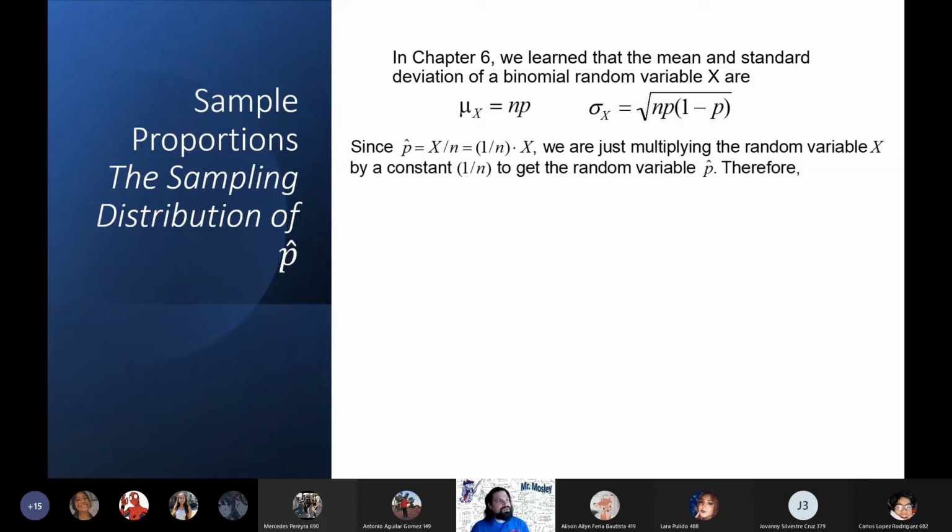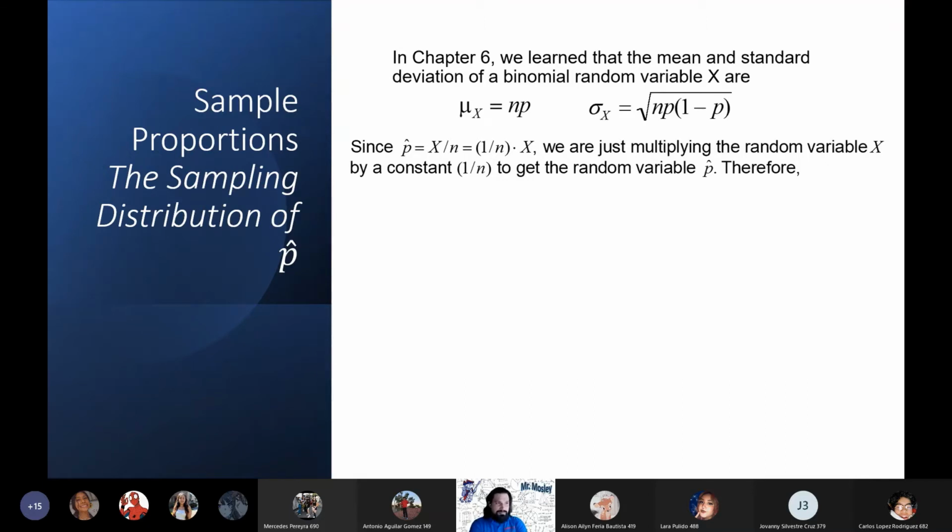So in chapter 6, we learned that the mean and standard deviation of a binomial random variable x are: the mean of x is n times p, and the standard deviation of x is the square root of np times 1 minus p.